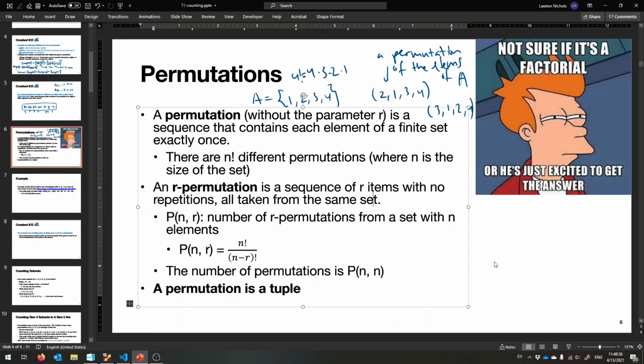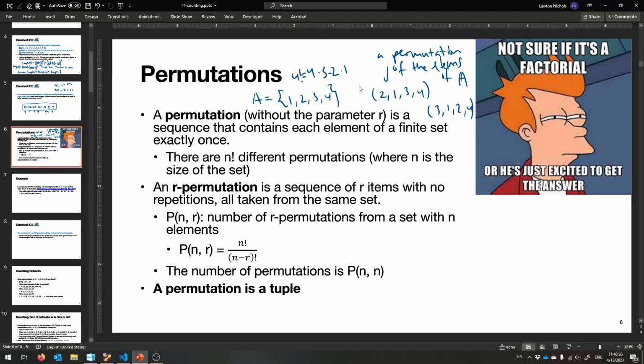Now, let's talk about r permutations. Sometimes we don't want to rearrange every element of the set, we just want to pick a few out and figure out how many different ways we could make a smaller sequence using the elements of a set. Okay, so still with A, here is a 2 permutation.